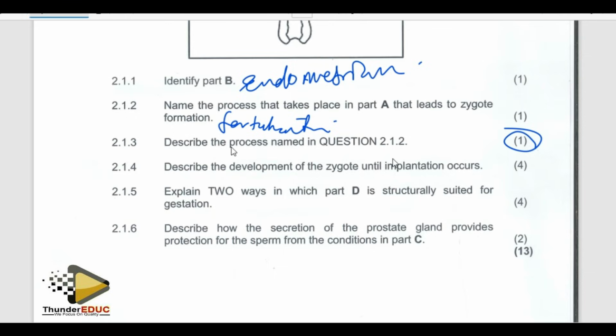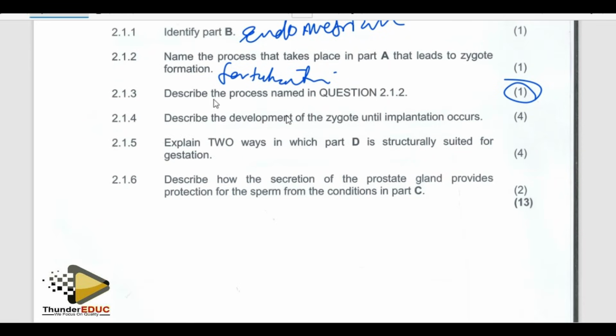Unless it was 4 marks, then you can talk about the head of the sperm having the acrosome, which contains the enzymes, which digest the membrane of the ovum, so that the nucleus of the sperm enters the ovum to form a diploid zygote. But for 1 mark, you just say that it is when the haploid nucleus of the sperm fuses with the haploid nucleus of the ovum to form a diploid zygote. It seems like they wanted you to define fertilization.